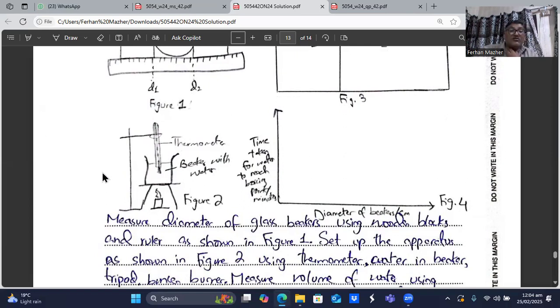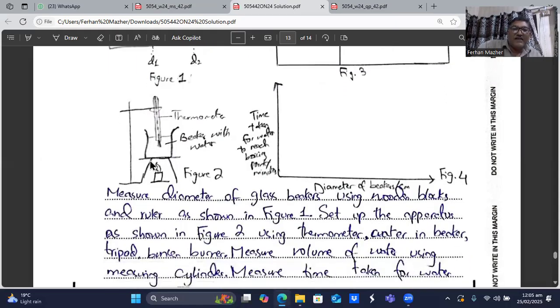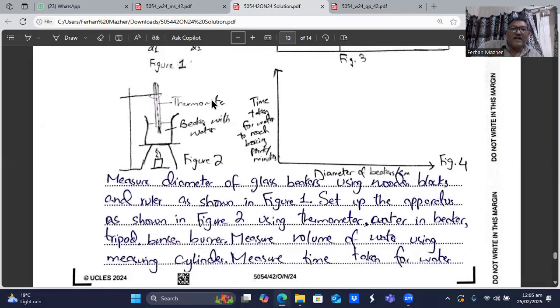We will use a retort stand, and with the help of a clamp, we will hold a thermometer whose bulb is inside that water to note down the temperature. We are going to use the measuring cylinder to measure the water every time we pour it. Then we can draw a graph, and on that graph, we will use the diameter of the beaker on the x-axis.